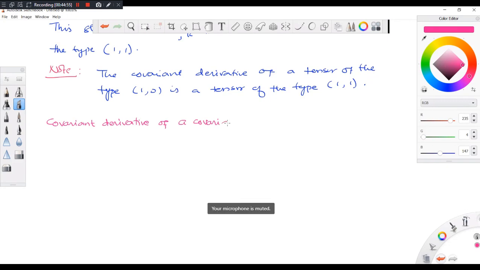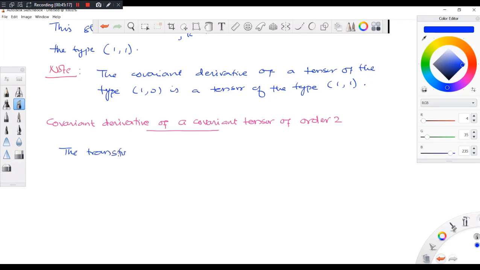Okay, so you know the transformation law for the covariant tensor. So the transformation law steps are same. The transformation law for a covariant tensor of rank 2 is, okay, so what is that?